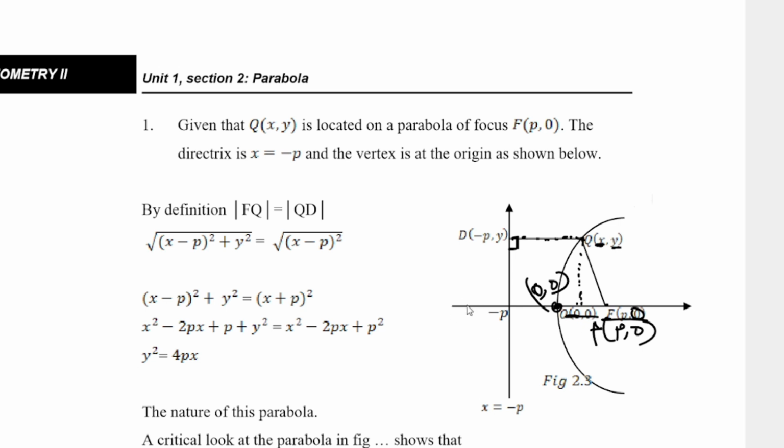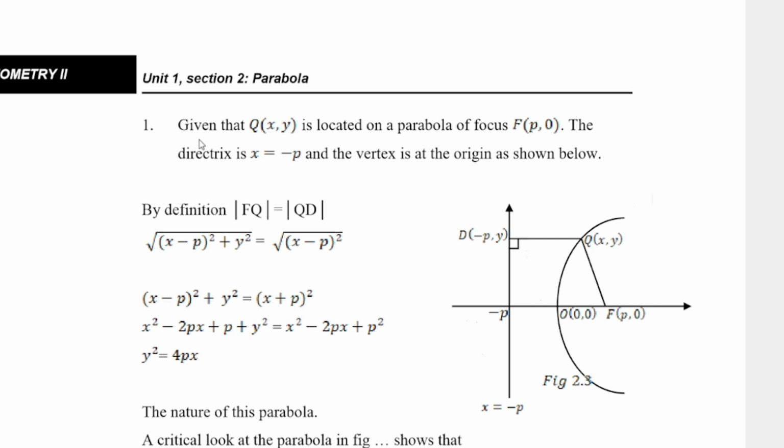If the focus was to be here, then we would have it as negative P, 0, because here are the negative values of x. If the focus was to be here, we would have the focus to be 0, positive P. And if it were to be here, we would have it to be 0, negative P, because these are the negative parts of y. Okay. So back to this.